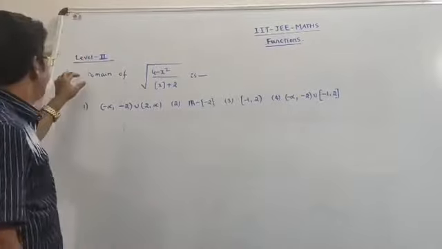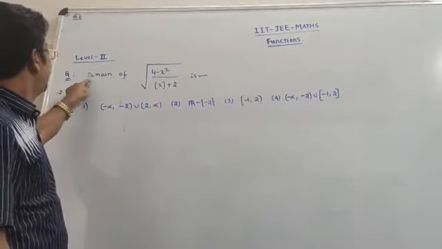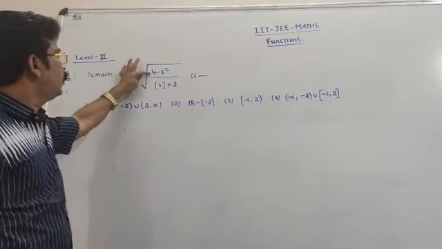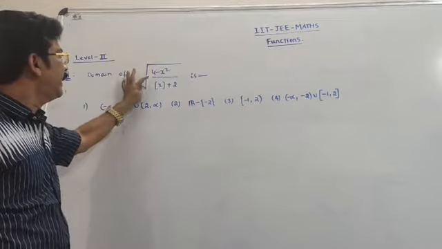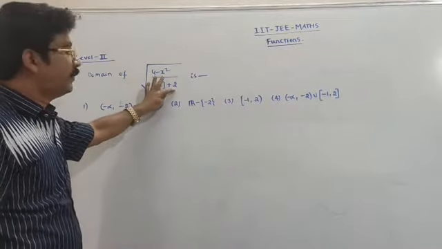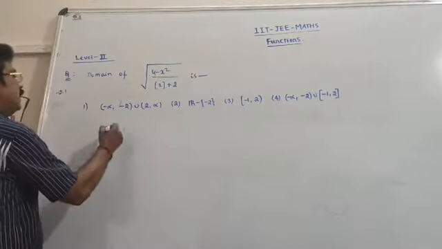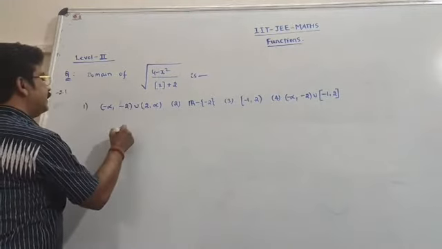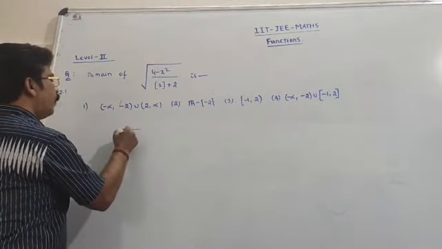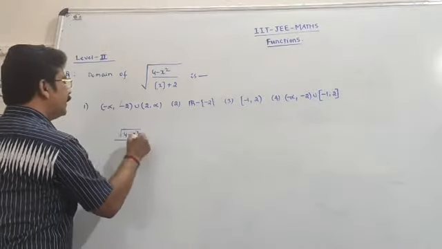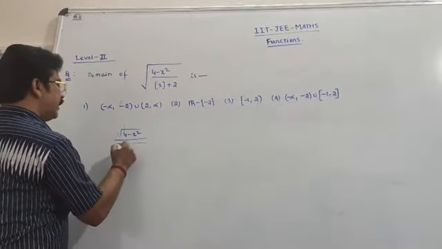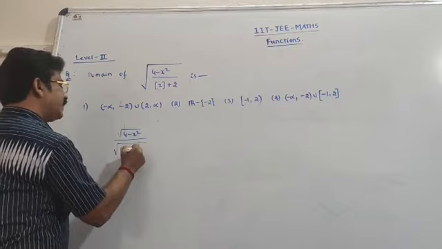Next question. Find the domain of square root of 4 minus x square divided by square root of box of x plus 2.